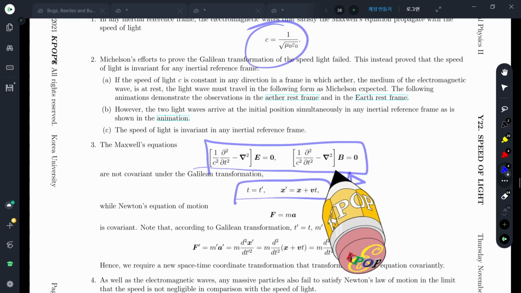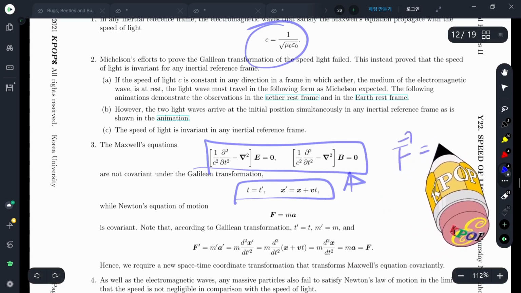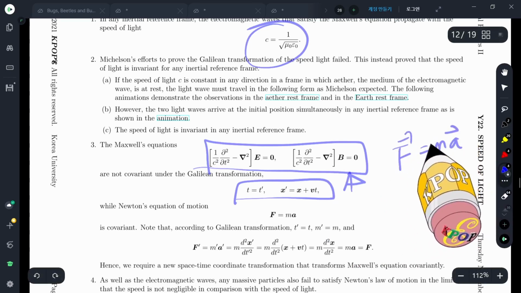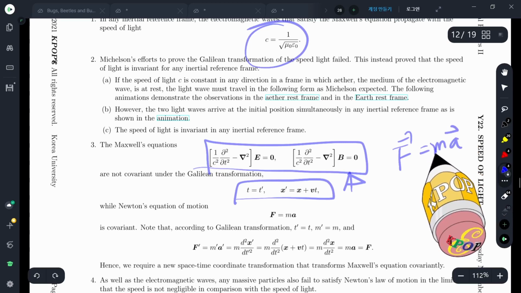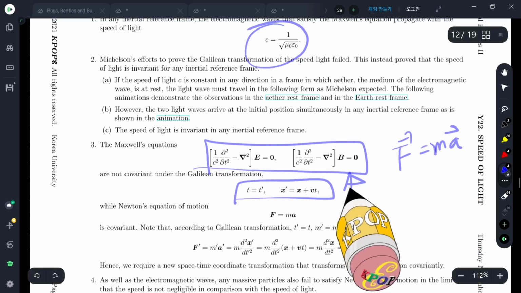That means Maxwell's equations are not invariant under Galilean transformation. But just like what we have found for the Newtonian mechanics, F equals ma is preserved under the Galilean transformation.